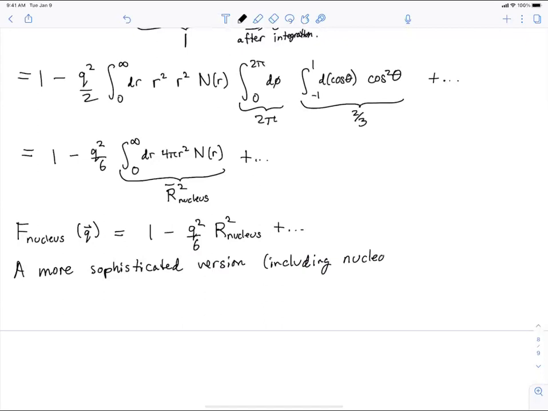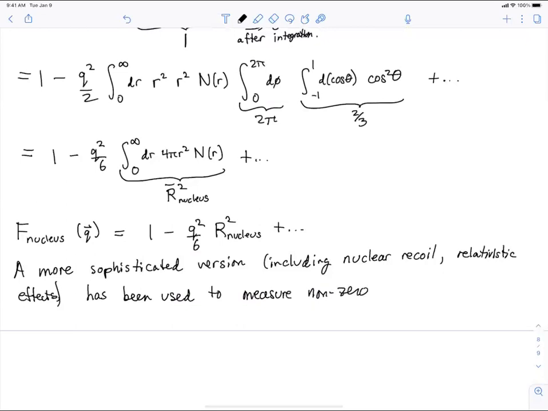The nucleus isn't completely immobile. It has a large mass, but it recoils a little bit. Relativistic effects. I'll just leave it at that. It has been used to measure the non-zero nuclear structure or size of the nucleus.